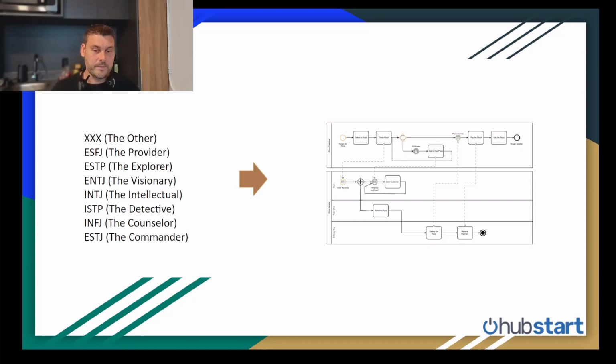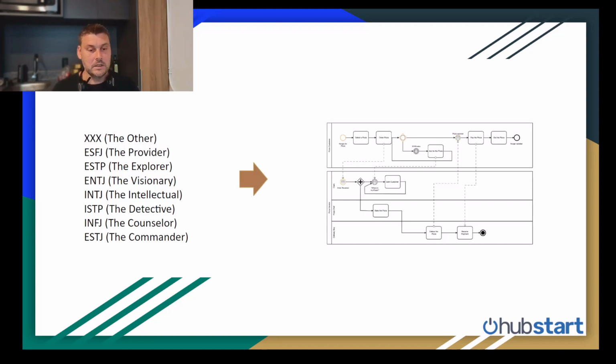A simple version is the following model. I won't get into the psychology of it, but here we have 8 paths. We're trying to create a journey, but really we're breaking that journey into 8 journeys based on the user.